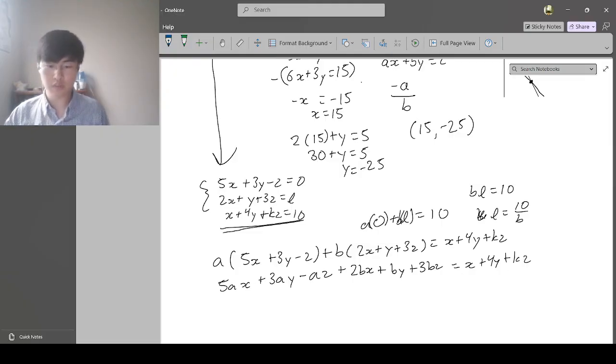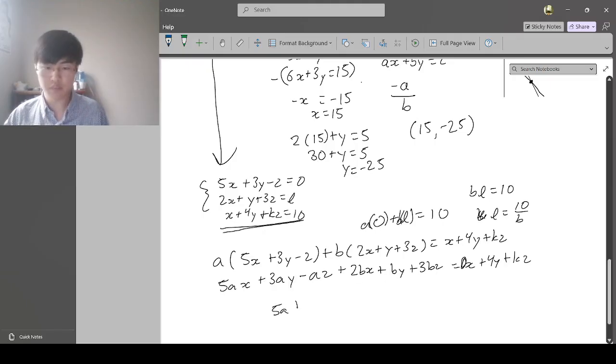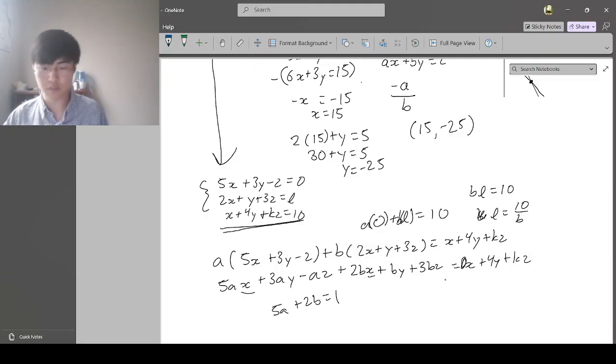In other words, I can now separate this thinking, okay, the constant here is a 1. It's the same as saying 5a plus 2b is equal to 1, because they all share the same variable.